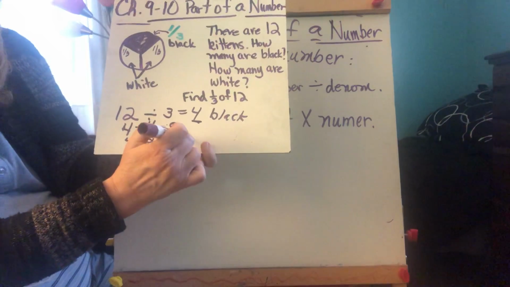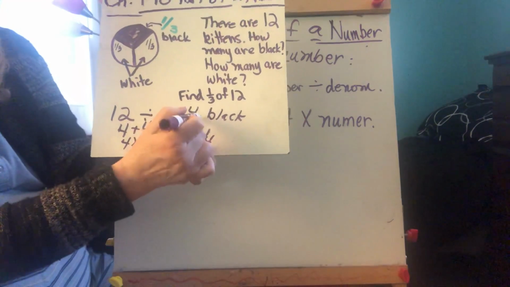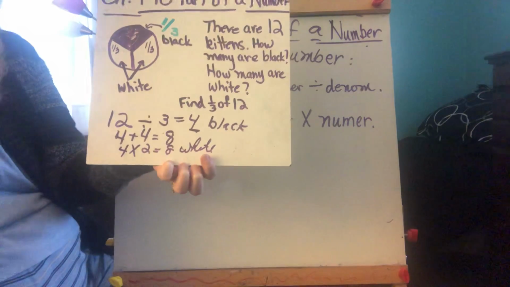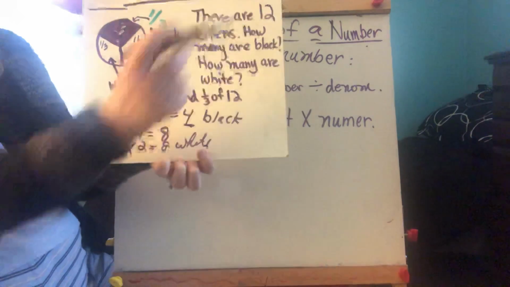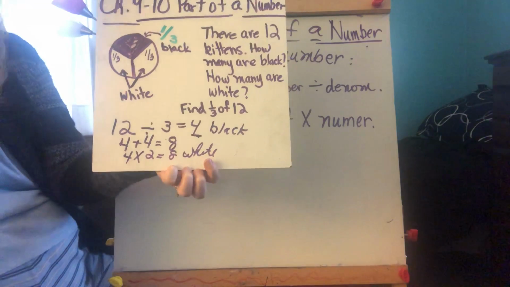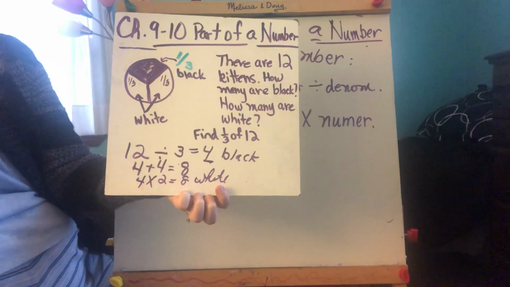So 8 are white. 4 are black, 8 are white. And if you wanted to check your work, you would add these two. 8 plus 4, does it equal the whole thing of 12? Yes, it does. So then you're in good shape and probably have answered this correctly.